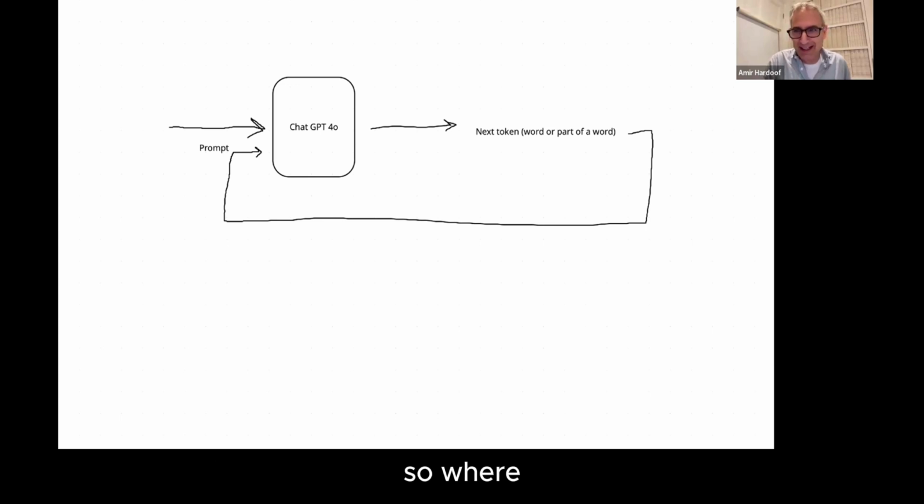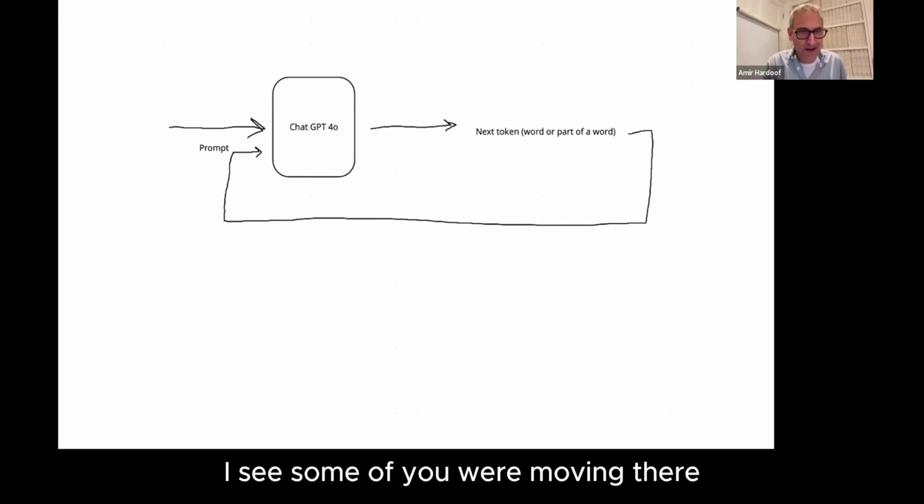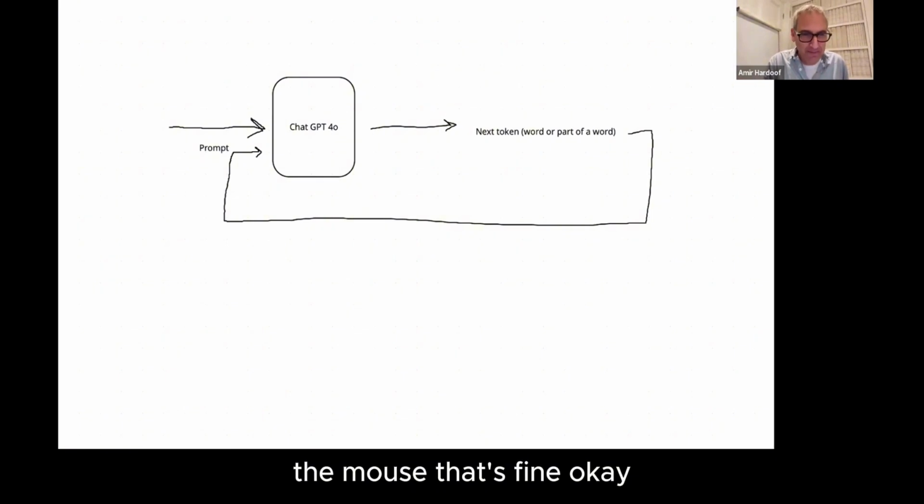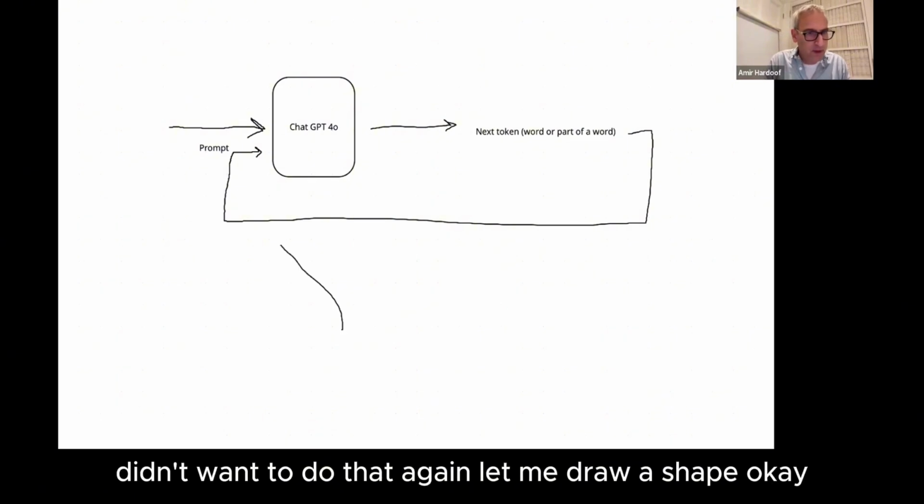So I see some of you moving the mouse. That's fine. Now the basic idea. Okay, the basic idea is this. If I look at the new, oops, I didn't want to do that. Again, let me draw a shape.